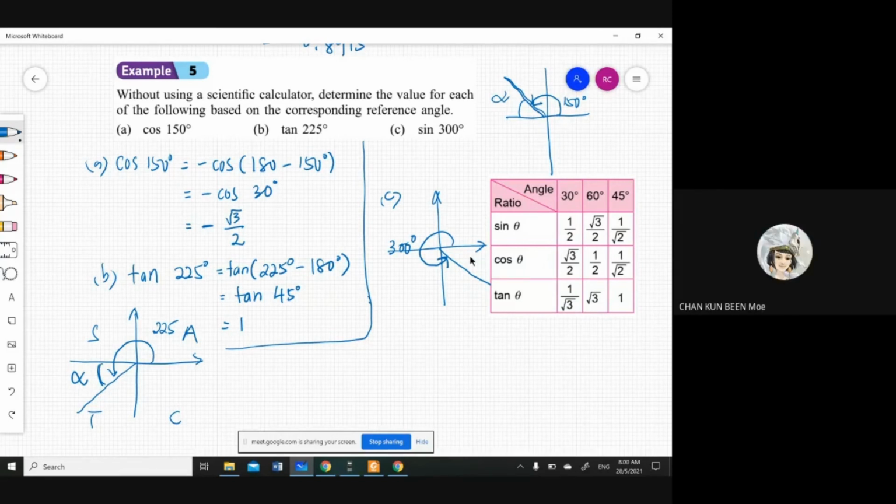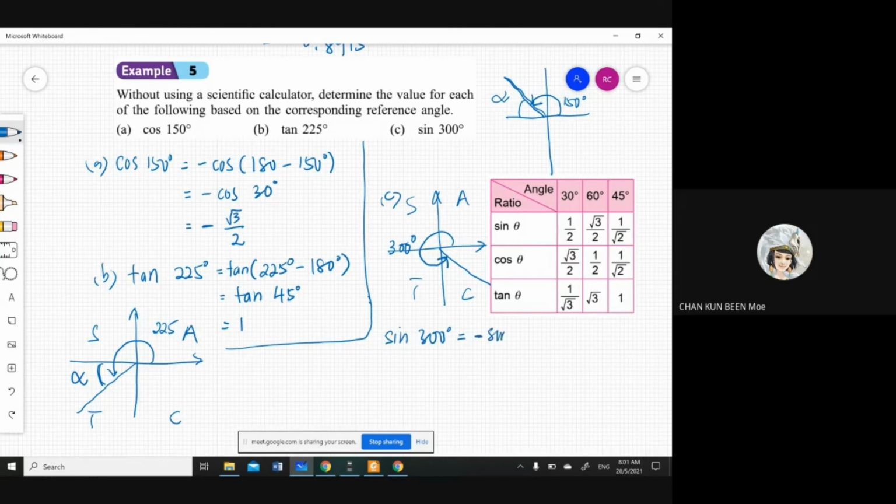Cosine. Okay, you remember A, S, T, C. If cosine is positive, meaning that the sine is negative, right? So you can start writing already. The sine 300 is equal to, because cosine is positive, meaning sine is negative.